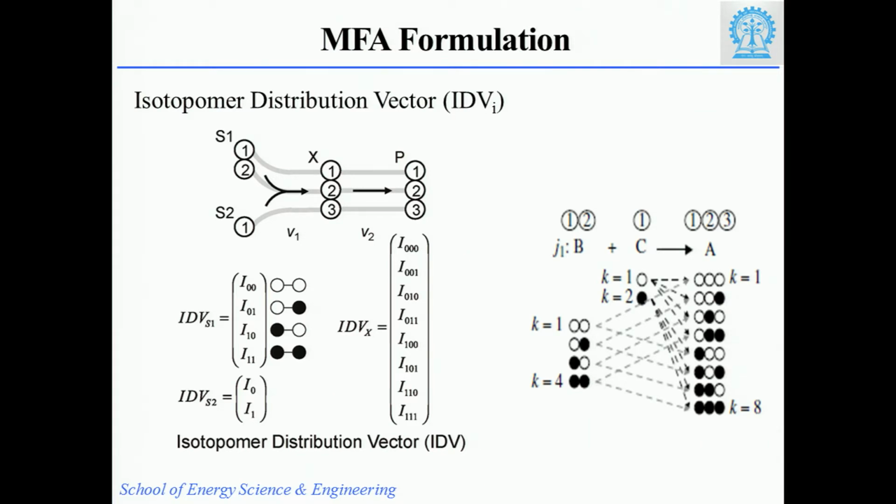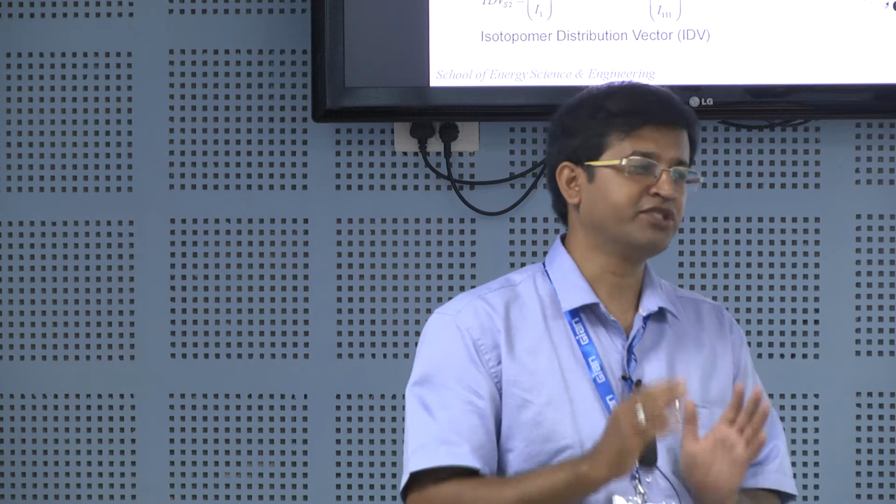These are the different fractions of the molecule present inside your system that you can either computationally identify or experimentally identify. Once you have these 2 components ready, you can compare and see whether they match or not. If there is a good match, then you say that flux estimation is done.